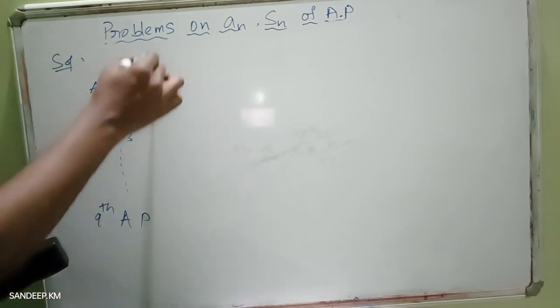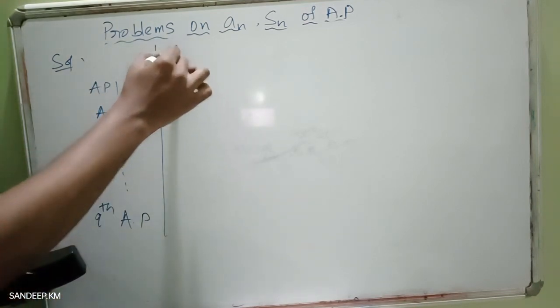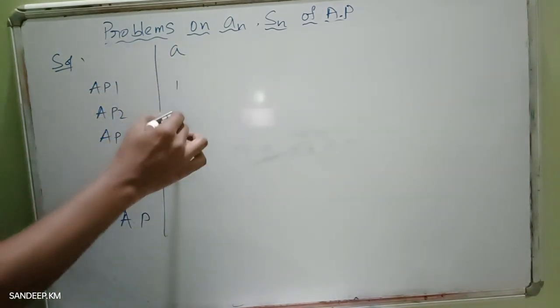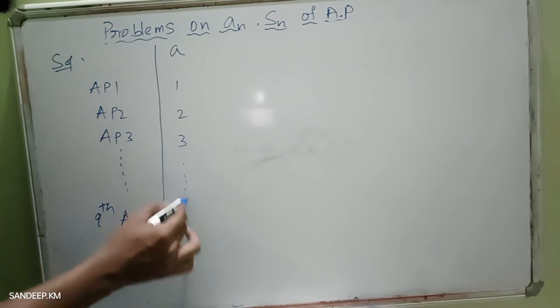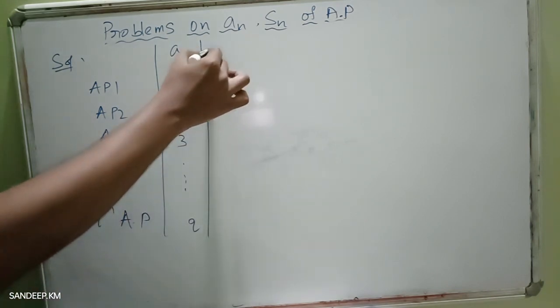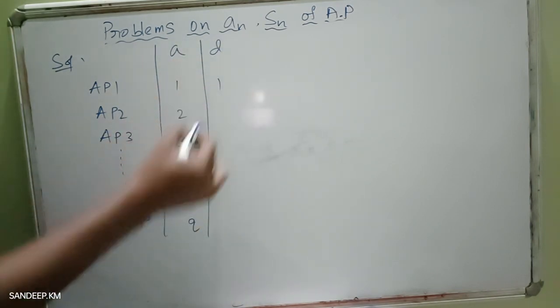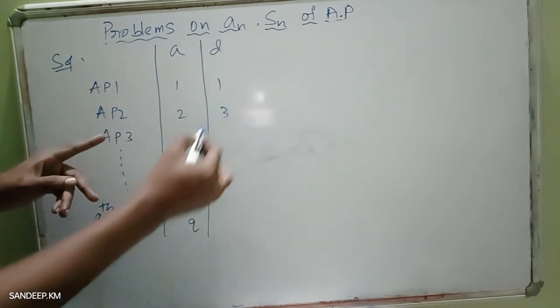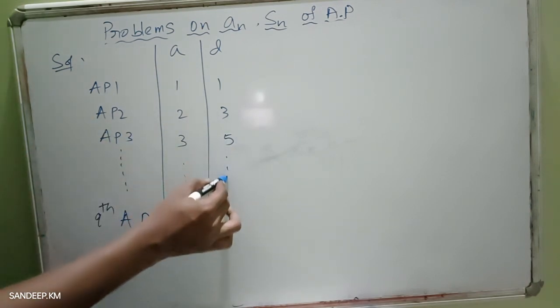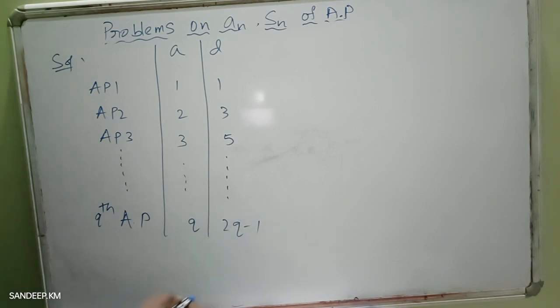Now next, for all of these APs, what are the first terms according to the question? 1, 2, 3 and so on q. These are the first terms. And what are the common differences according to the question? 1 is the common difference of the first AP, 3 is the common difference of the second AP, 5 is the common difference of the third AP and so on. 2q minus 1 is the common difference of the qth AP.